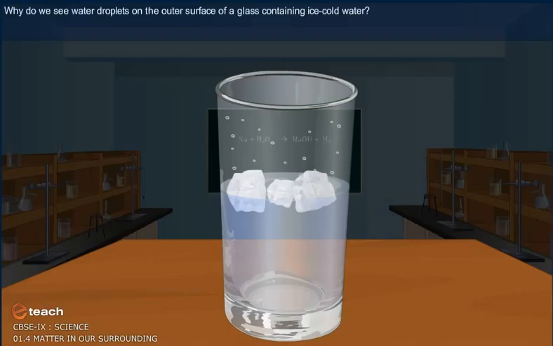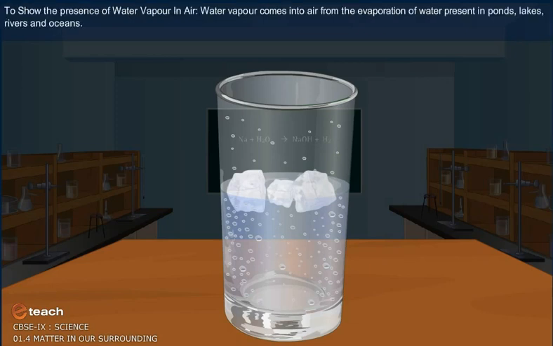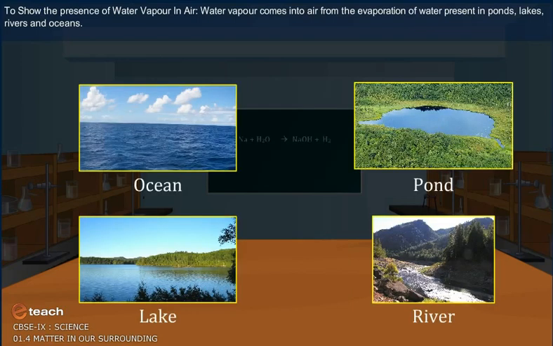Why do we see water droplets on the outer surface of a glass containing ice-cold water? To show the presence of water vapor in air. Water vapor comes into the air from the evaporation of water present in ponds, lakes, rivers, and oceans.